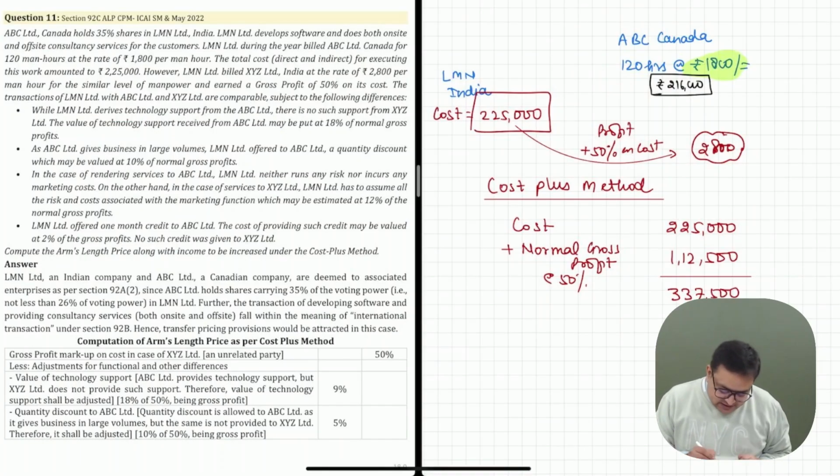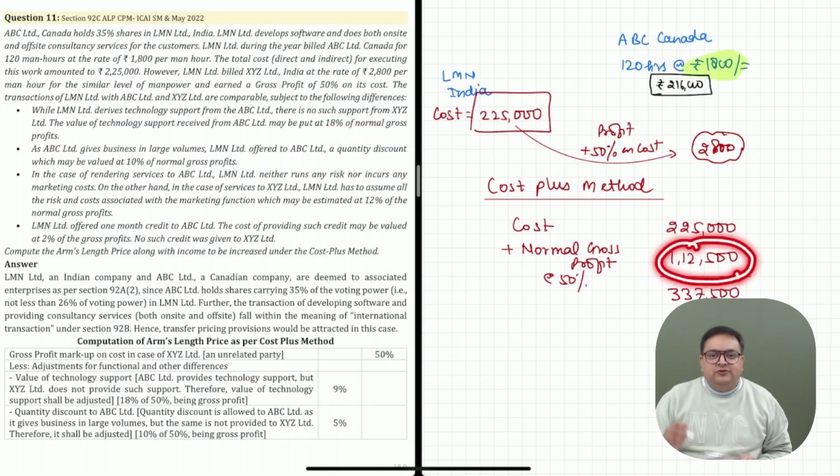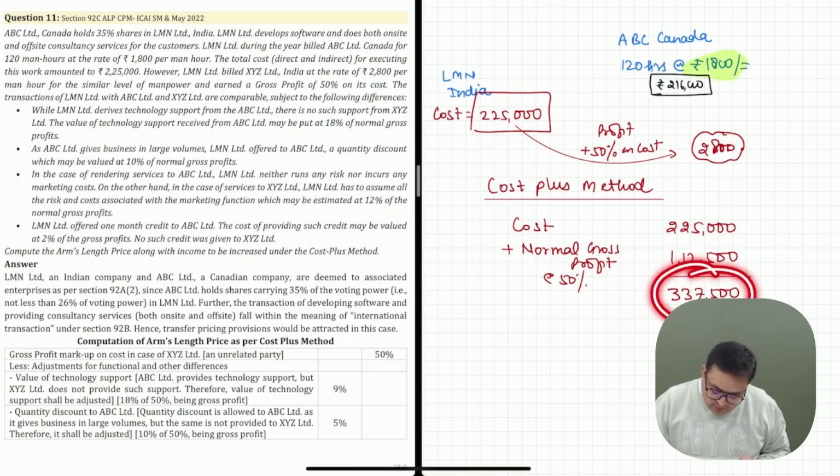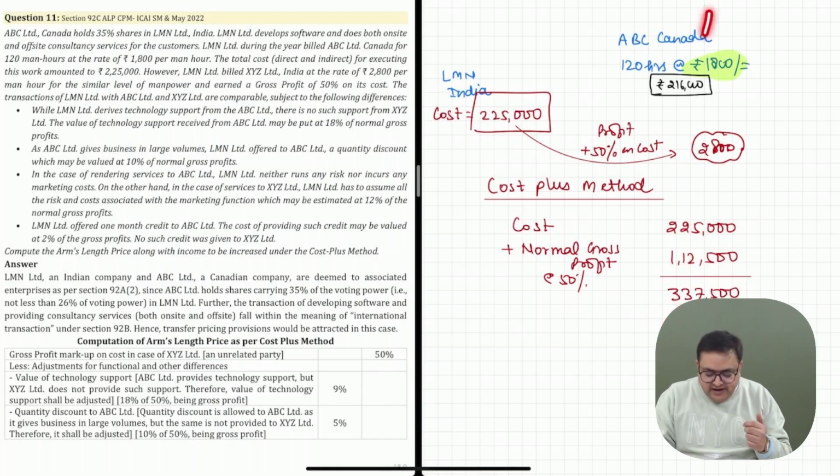How much less will we charge? It is saying 18% of the normal gross profit. So this is the normal gross profit. We have charged 18% extra from these people, but from them we will charge a lesser price. So what do we have to do? We have to subtract, because this is actually the normal ALP without that tech support. If we are getting tech support from them, obviously we'll charge less. So you have to subtract for tech support.